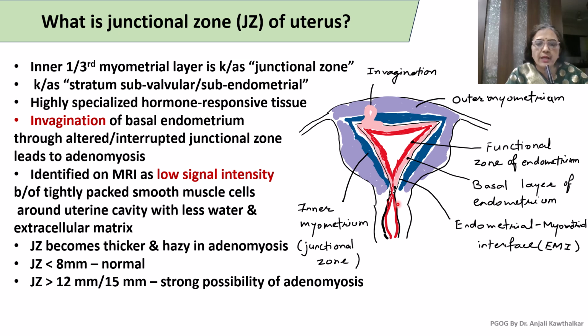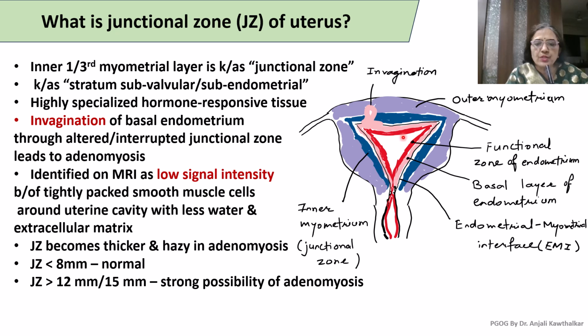Now here in this diagram, let us see: the innermost layer of the uterus is endometrium, out of which the dark red one is the functional layer of the endometrium, whereas the basalis or basal layer of the endometrium is the one you can see as light pink in color.